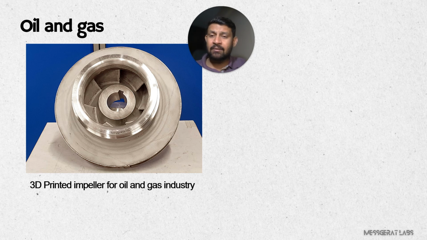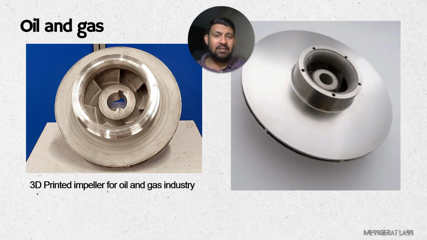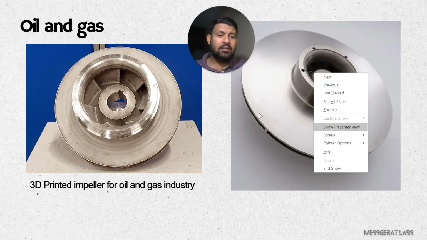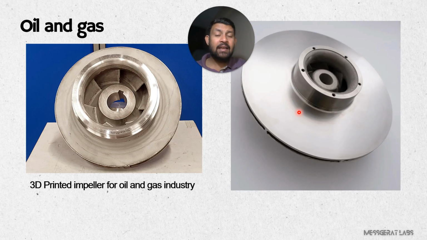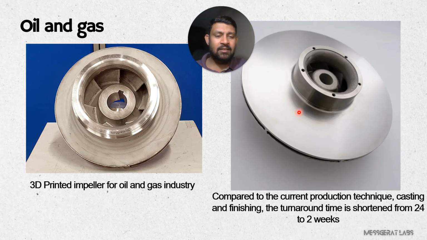And the impeller on the right hand side is again a similar SS316 impeller, which has been developed through 3D printing, but in only 2 weeks. So this is the advantage of making spare parts through 3D printing: you get it when it is required, and you get it as soon as it is required.